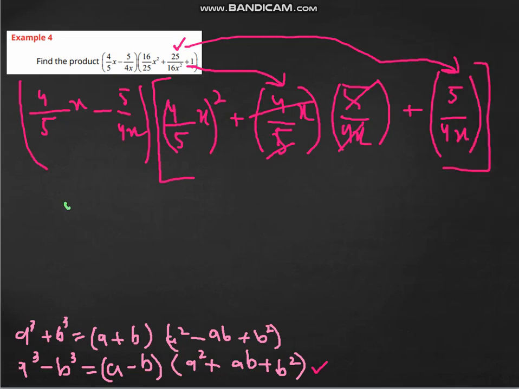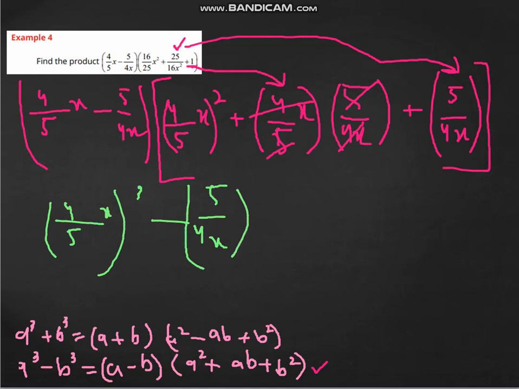Okay, so now we'll just write it in the form that it should be written. So 4 upon 5x whole cube minus 5 upon 4x whole cube. 4 times 4 is 16 and 16 times 4 is 64. 5 times 5 is 25, 25 times 5 is 125.